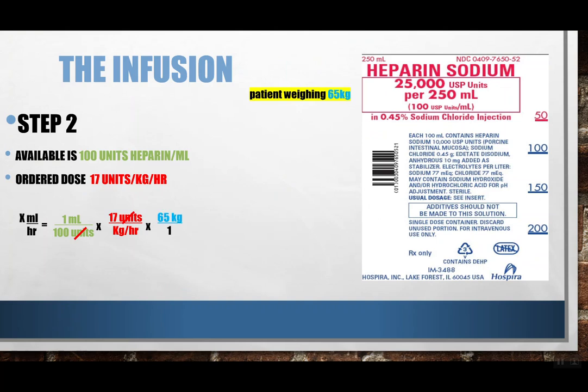And now I have kilograms per hour on the bottom. I need to cancel out the kilograms. So I would use the patient's weight, which is up there at 65 kilograms. Once I put that there, it cancels that. Now I have mils on top and hours on the bottom, which is what I need to continue and finish the equation. 11.05 or 11 mils per hour to actually give the infusion.